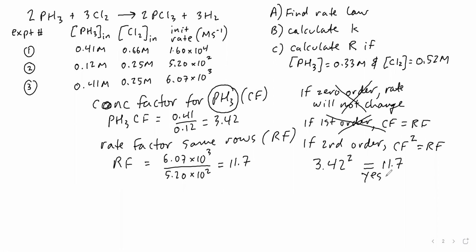So our conclusion as a result of this little test for PH3, comparing the second row to the third row and seeing that the concentration of PH3 is increasing and the rate is increasing, is that the reaction is second order with respect to PH3.